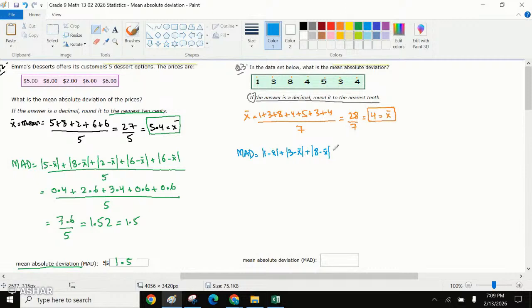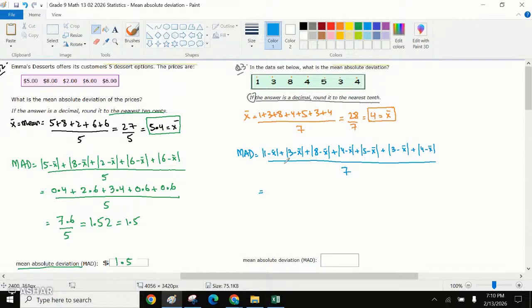Agreed? |4 minus mean|, |5 minus mean|. We have to show this step. |3 minus mean|, and the last number |4 minus mean|, and they would be divided by 7 because there are 7 values.